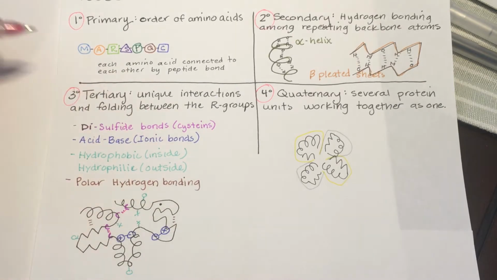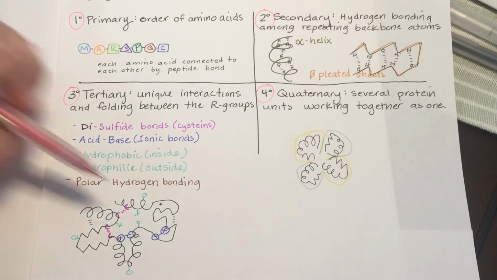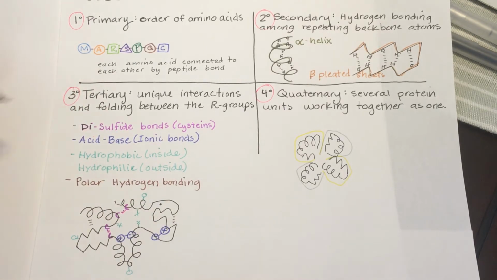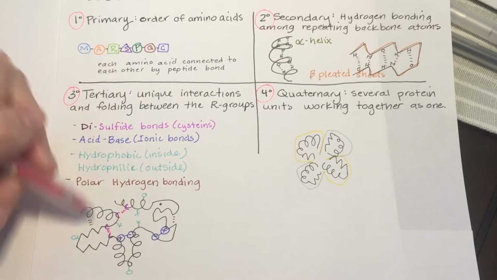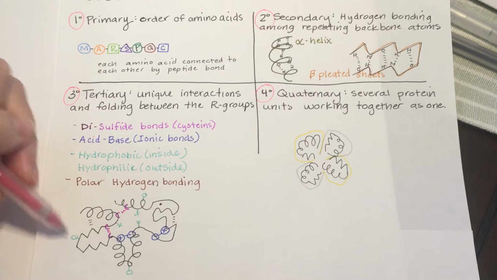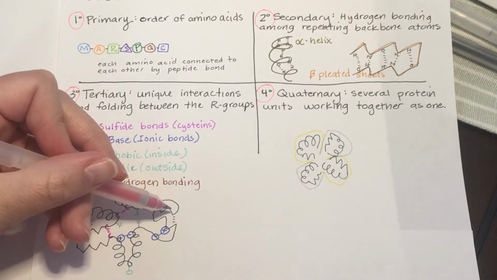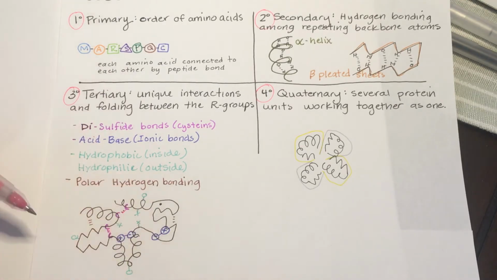Acid and base reactions, positively and negatively charged amino acids are going to ionically bond together, again, holding the protein together. Hydrophobic ones are going to be on the inside. Hydrophilic ones are going to be facing on the outside. And then some general polar hydrogen bonding.